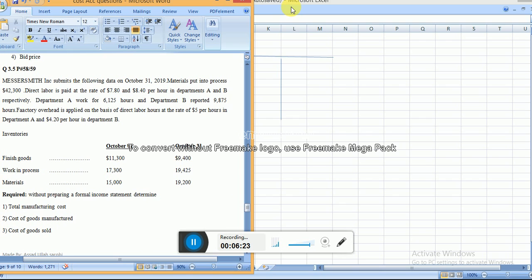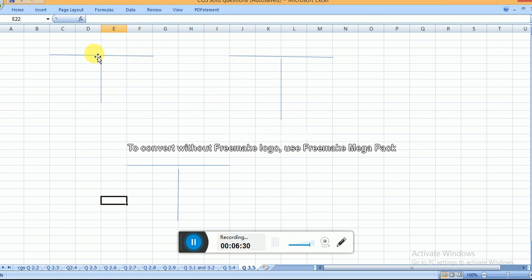So now look, we will solve this question through T ledgers. First, I will make the material ledger, then the work in process ledger, and then the finished goods ledger.